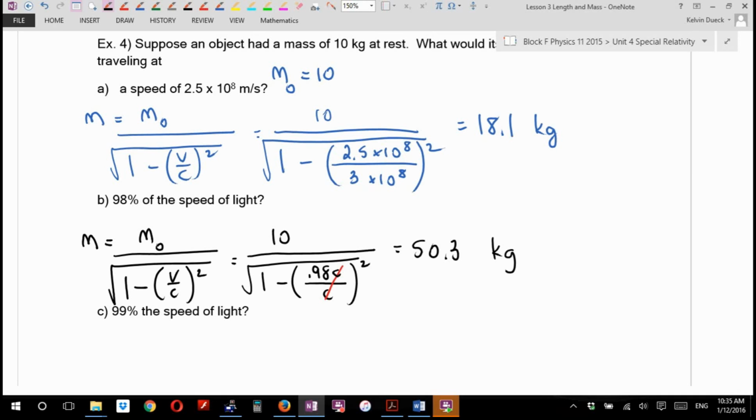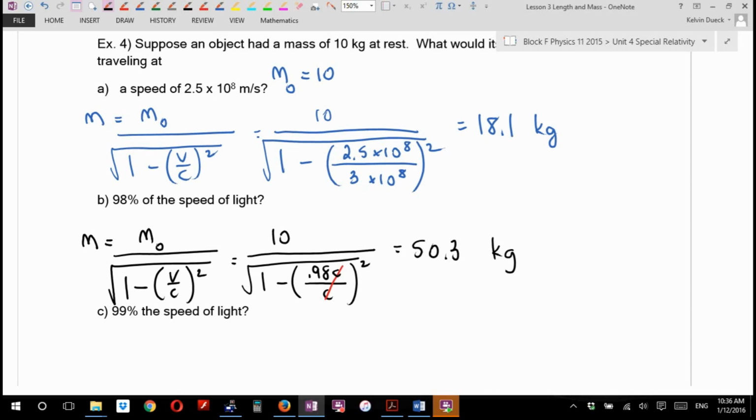Is it easier to move lighter objects or heavier objects? So the faster you go, the tougher it is to get you to speed up anymore. This is another reason why the speed of light is a cosmic speed limit. The faster you go, the heavier the object that you're trying to move becomes, and now you need even more energy to get it to speed up the next little tiny bit.